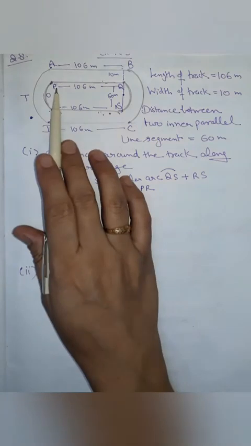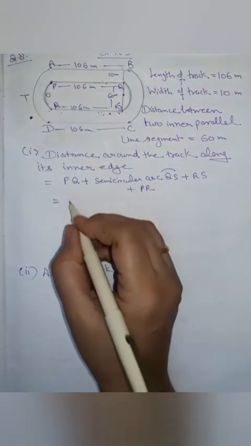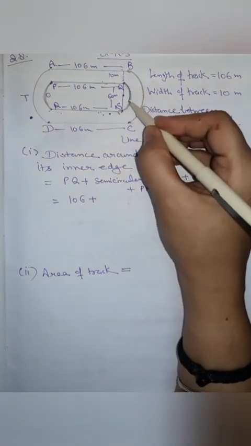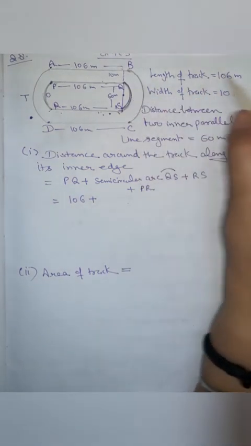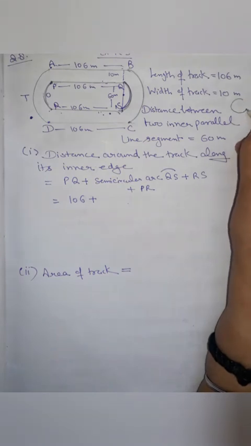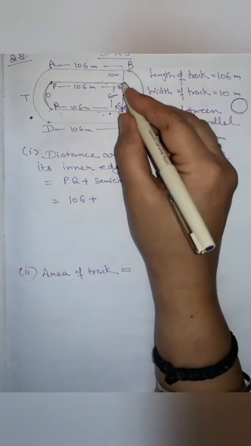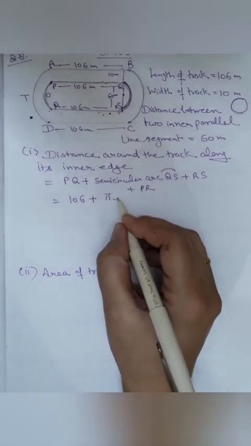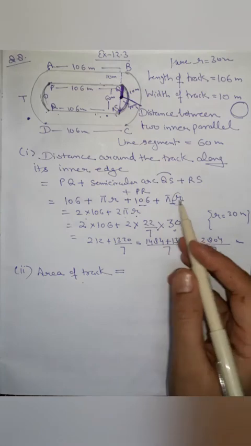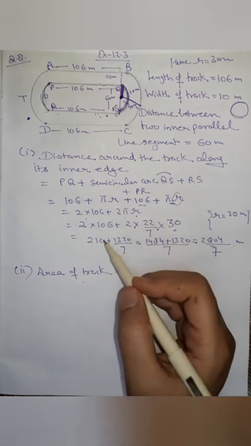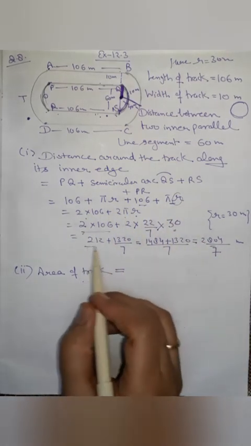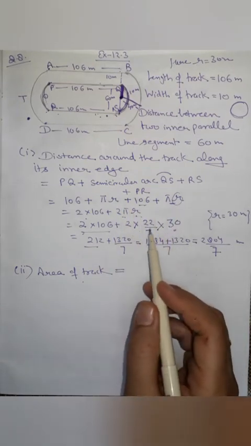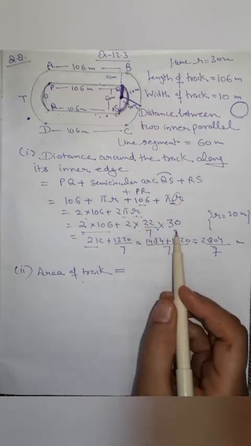Here in the figure, the length of PQ is 106, plus, as this is a semicircular arc, we know the perimeter of a circle is 2 pi r, and this forms a semicircle. So I am writing here pi r plus 106 plus pi r. 106 plus 106 gives 212, and pi r plus pi r is 2 pi r. Put the value of pi as 22/7 and small r as 30.